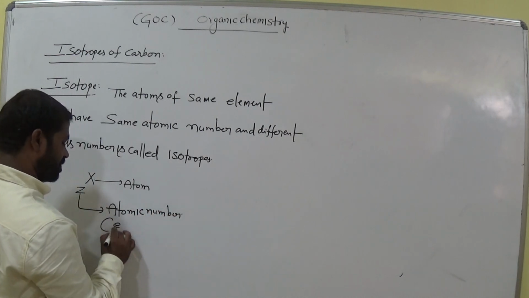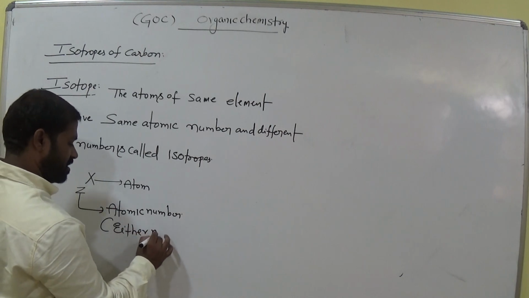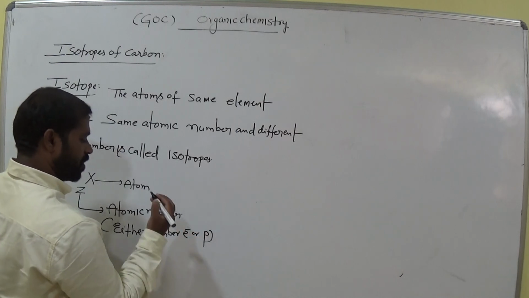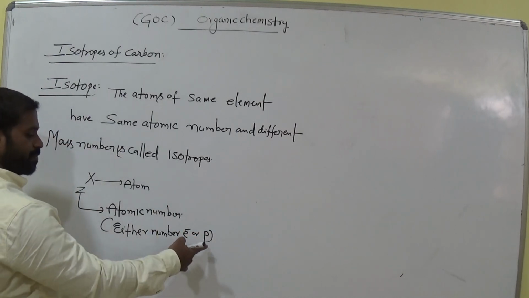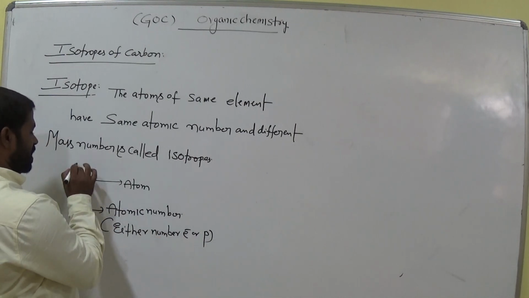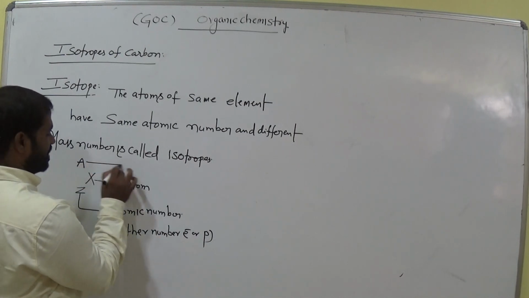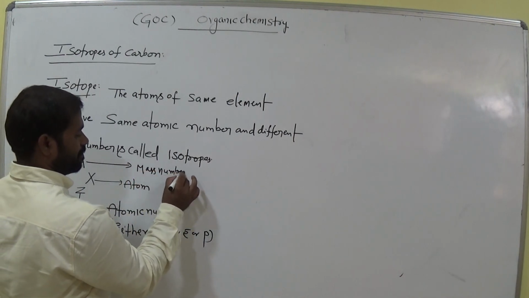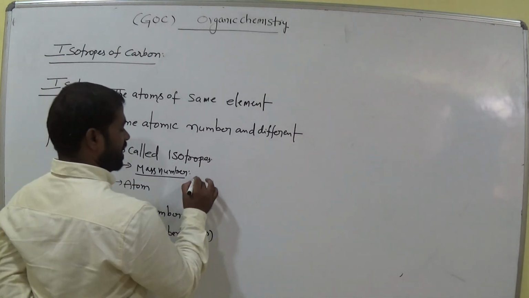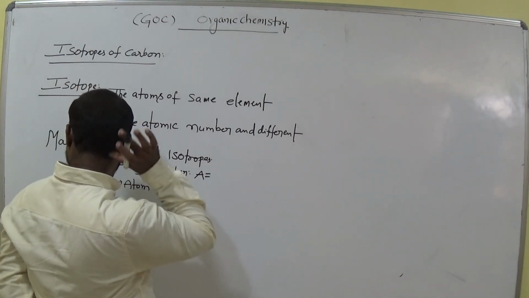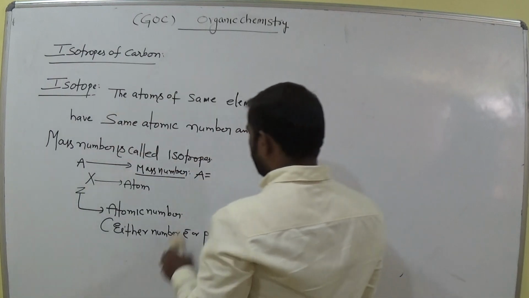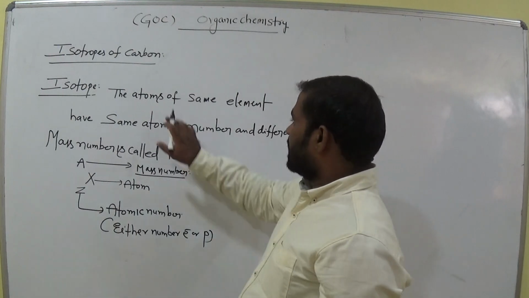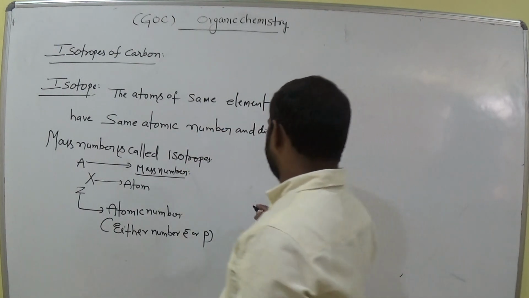Atomic number means either the number of electrons or protons. Protons mean positive charge, electrons mean negative. Now A means mass number. A is equal to mass number, clear?